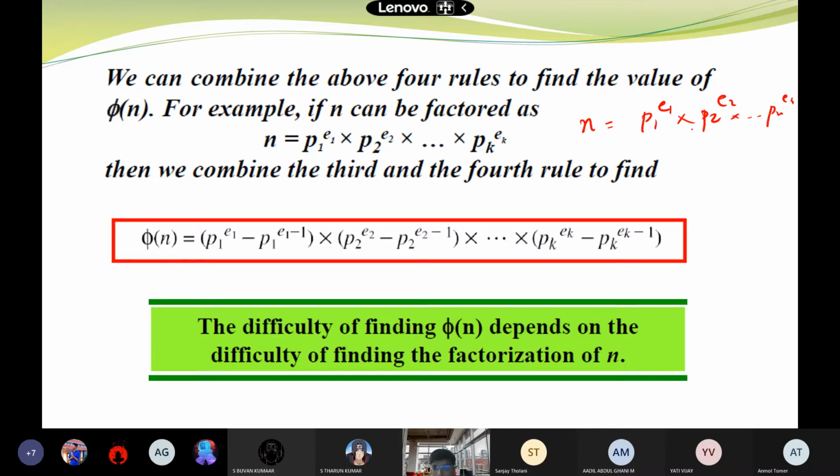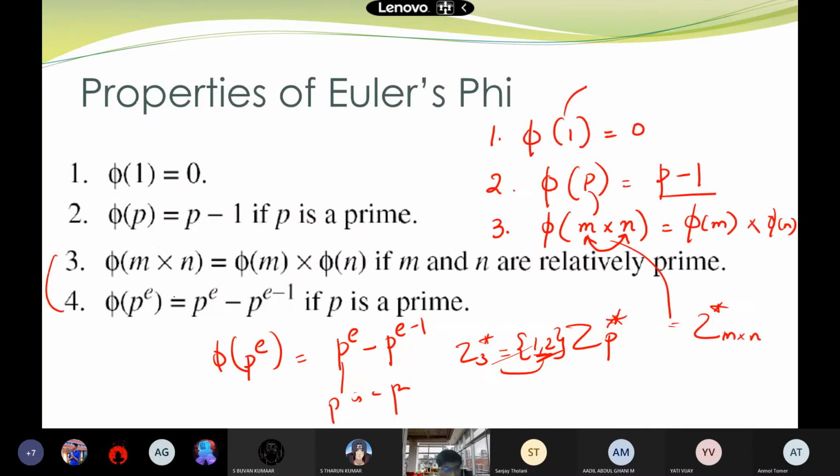Now I know that the third property says if you multiply several numbers that are relatively prime, you can individually calculate the phi function of each and take the product of the values. So I could now combine the third and the fourth.